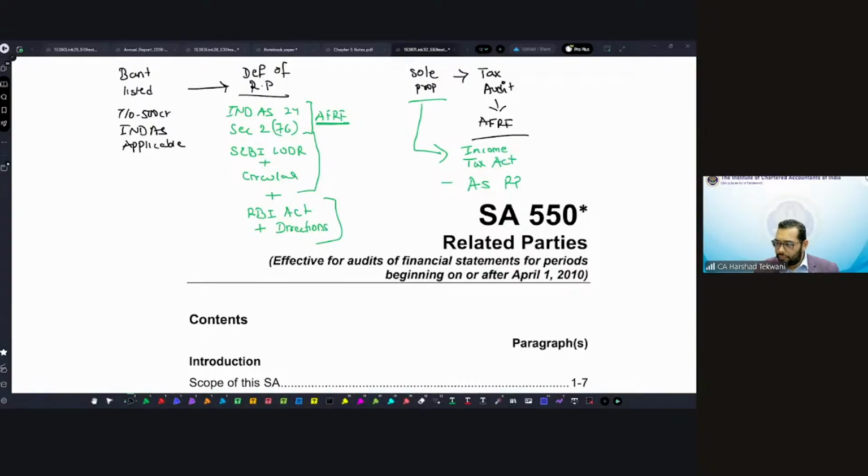Sir, if a subsidiary company gives dividend to its wholly owned holding company, is such a transaction also covered as a related party transaction? Dividend. See, it is a kind of related party transaction, but it is not outside the normal course of business, because dividend is given as per the Companies Act.